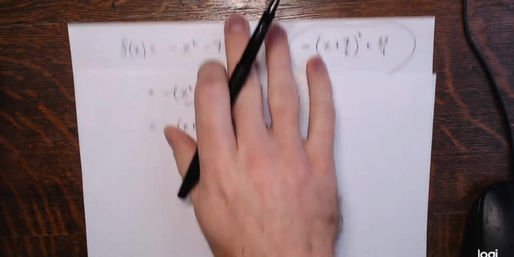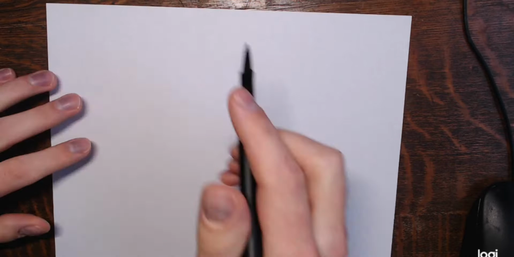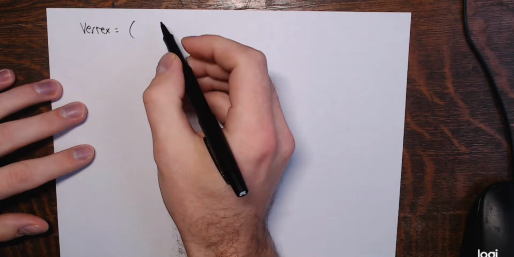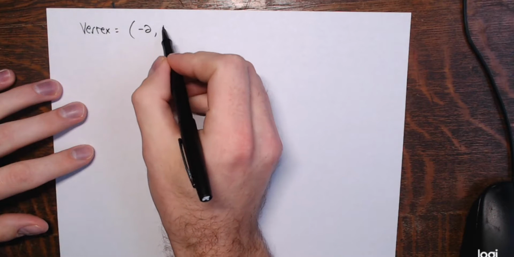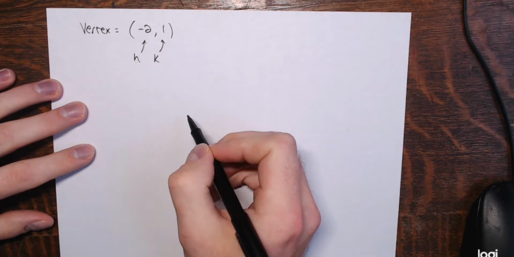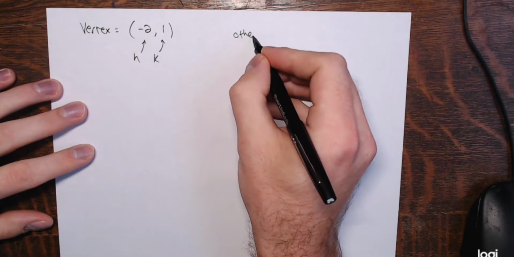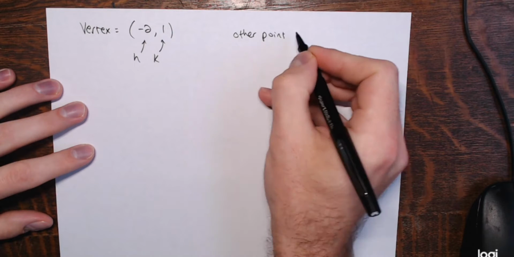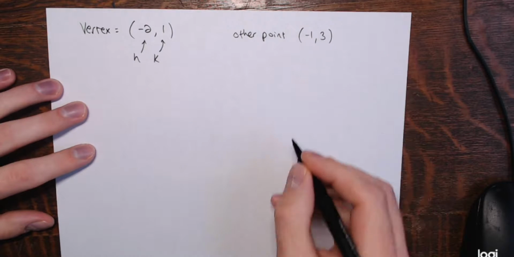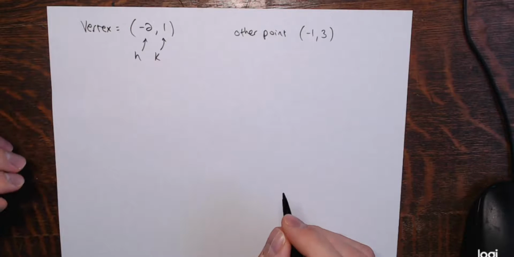So this one, we're shown that the vertex is negative 2, 1. So there's the h and the k, and then some other point on the graph is negative 1, 3. And this is what I'll use to find a.